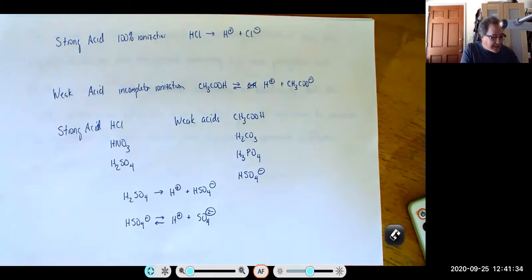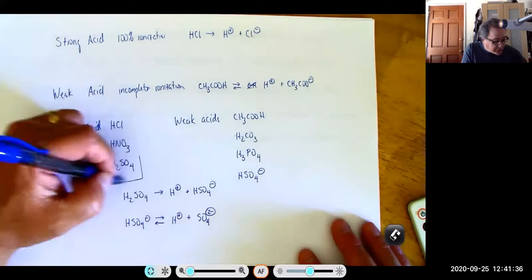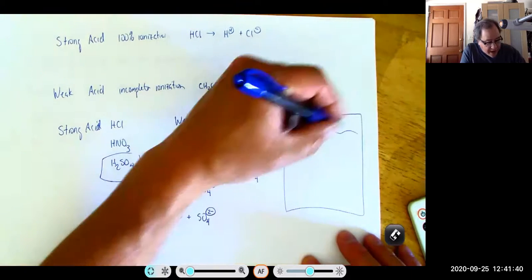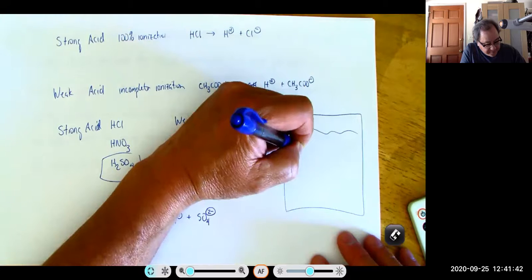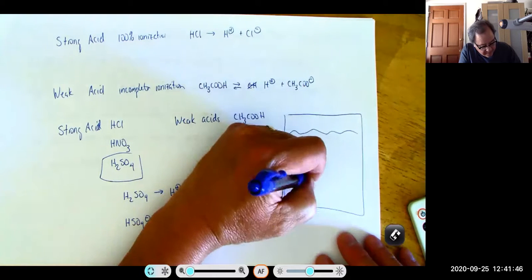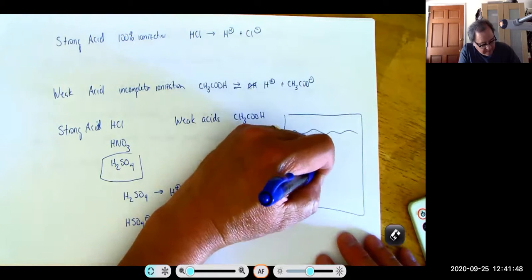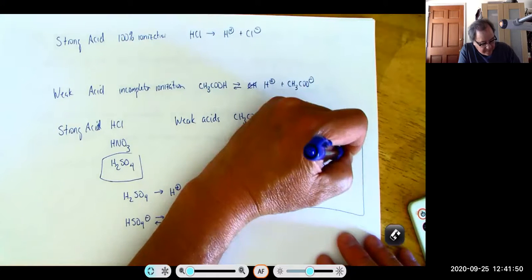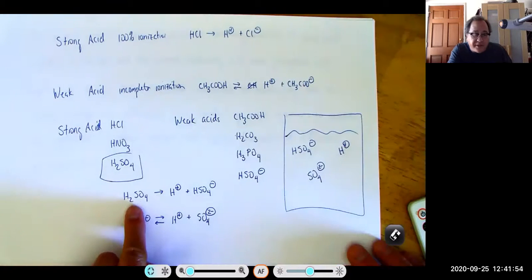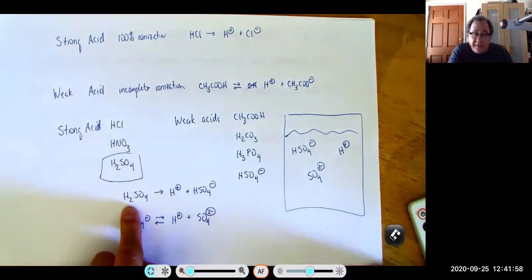So the interesting thing is when you put this in solution, this is what you have. Those are the things you have in solution. You have none of this in solution. Why? Because it's a strong acid. It completely comes apart.